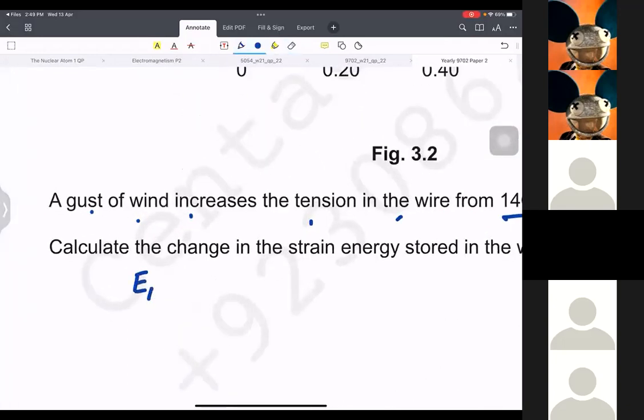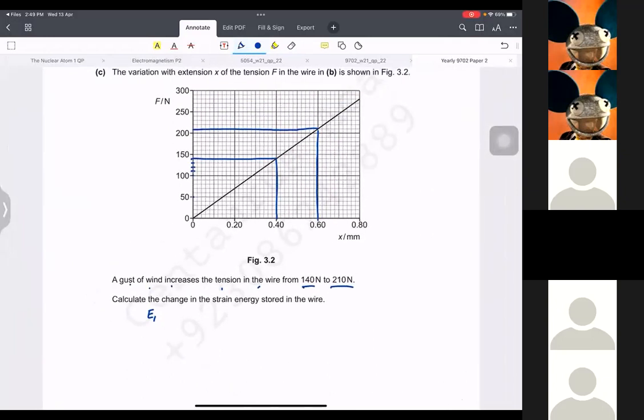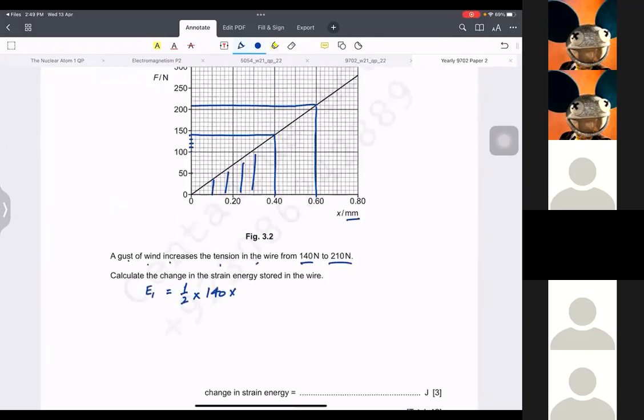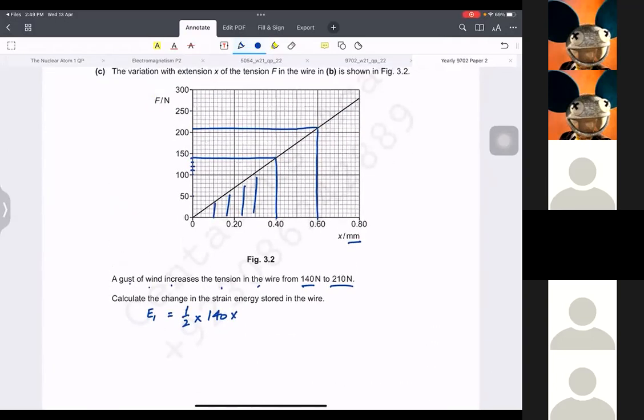Okay. So energy, we want to find change. So always find the energies, don't take change of force or anything like that. So energy 1 would be, so we are finding area under the graph, this one. So half times 140 times, by the way, this is in millimeter. So he's trying to be clever with us. And he wants the answer in joules. Okay. So we want to change this. So 0.40 times 10 raised to minus 3.